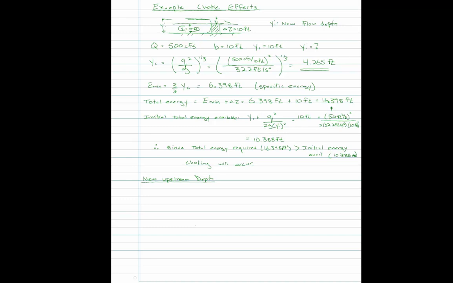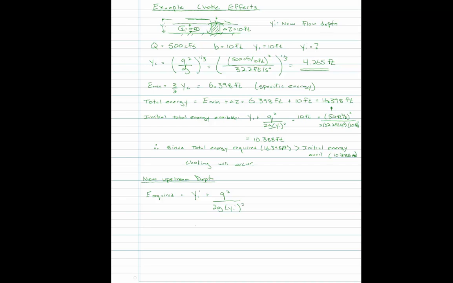Well, we're going to ask ourselves what energy is required. How much energy does it take to get this flow up over the obstacle? And so the energy required is going to be this new depth plus the velocity head required to get it up over the obstacle. Remember, y prime 1 is the new flow depth after the water begins to pool.